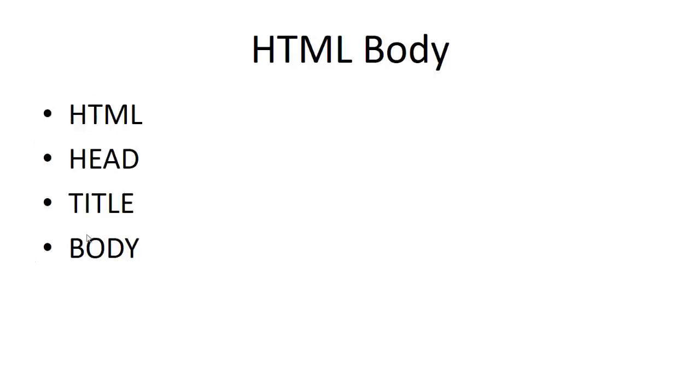So this is kind of saying, okay, this is an HTML page, and then the next thing you'll see is the head. And if you think about a human body, you have the head, and then right below that, you could have like a name tag, like the title or something. And then right below that, you can have a body. And then of course you have your feet and everything like that. So that's probably the easiest way to think about it.